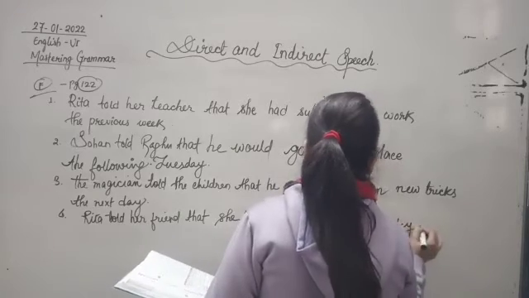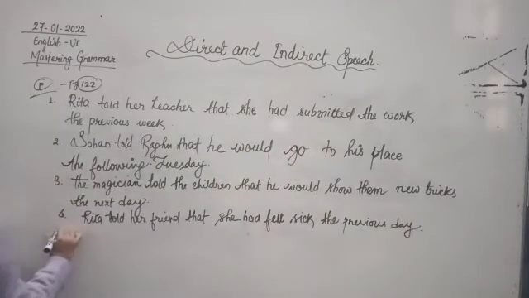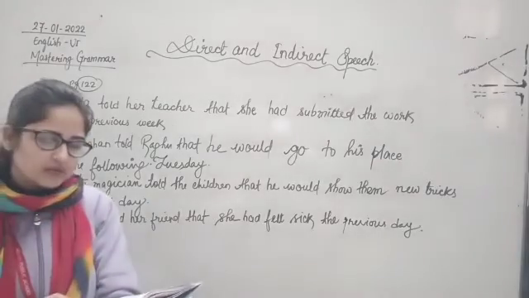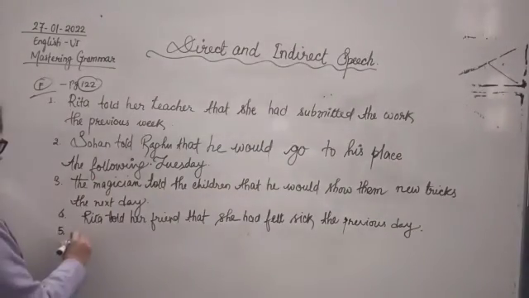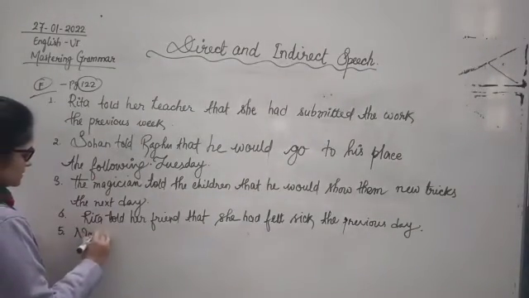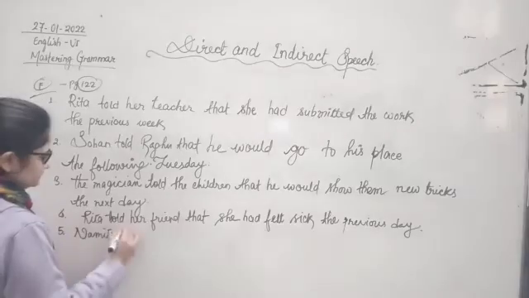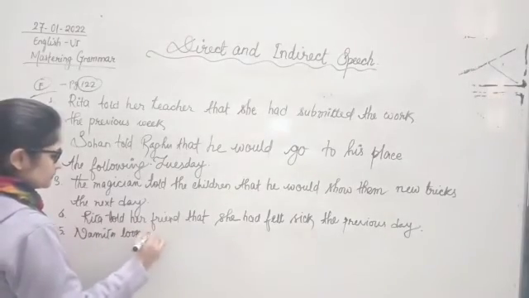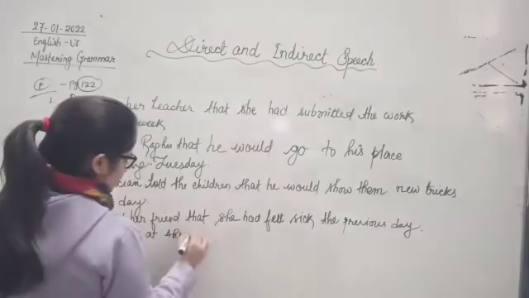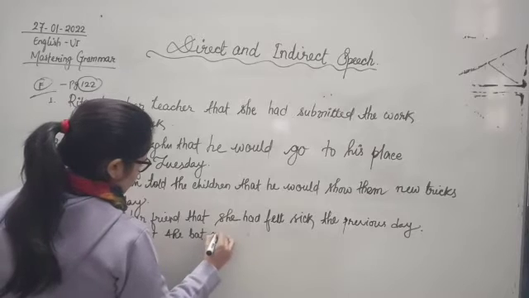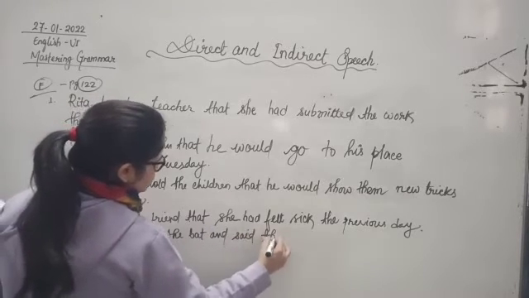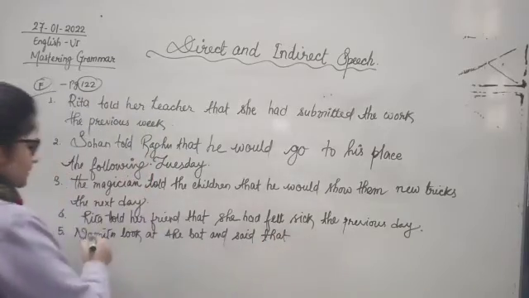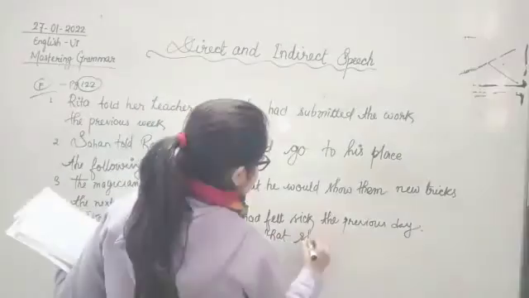Okay, children? Now moving with number 5, moving ahead. Namita looked at the bat and said, I like this. So Namita looked at the bat and said that Namita is a girl, so I will change to she.